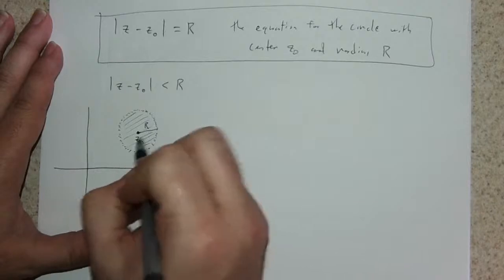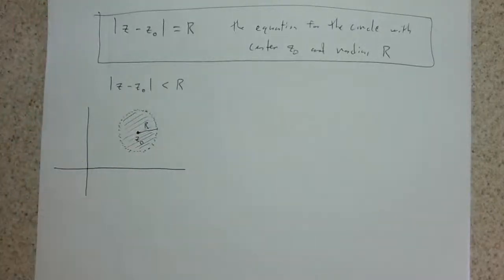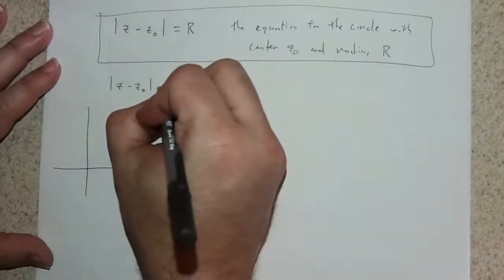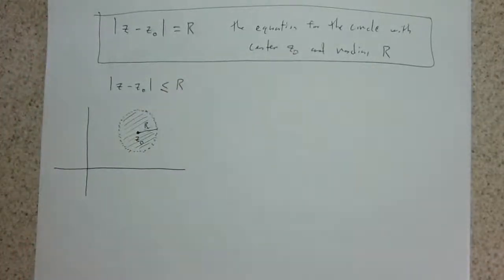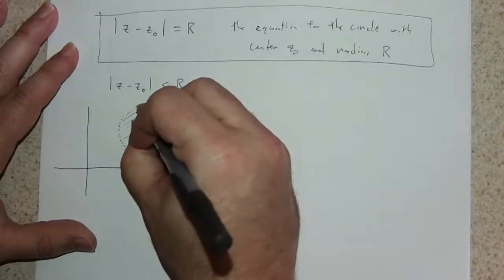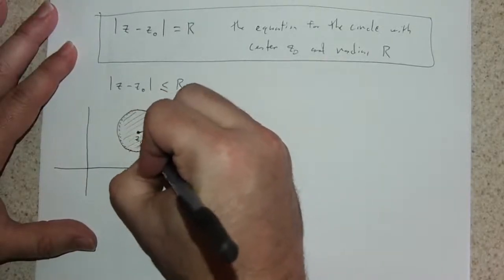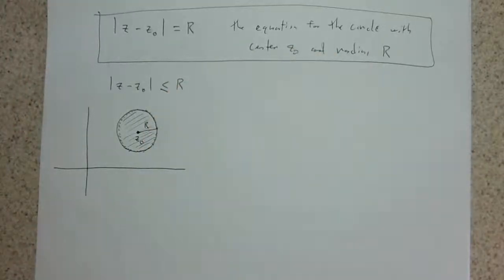So it wouldn't include the circle itself, it would just be the interior. If I made this not a strict inequality, then it would include the boundary as well. Now, I'm getting a little bit ahead of myself. This is something that we'll talk about in detail a little bit later.